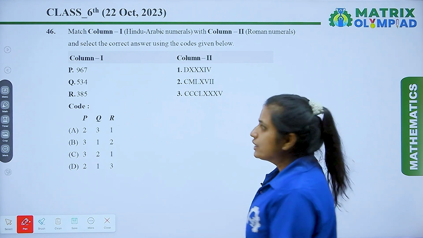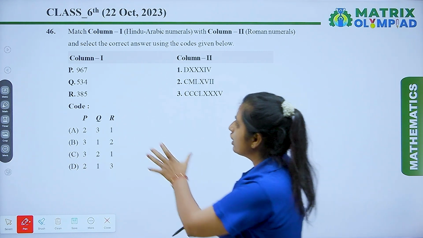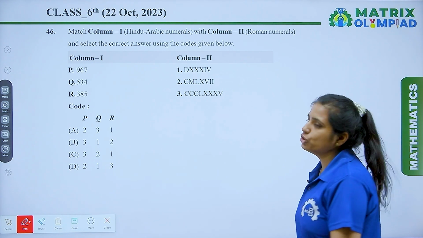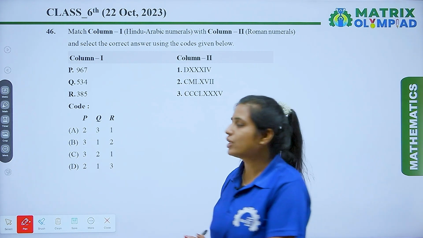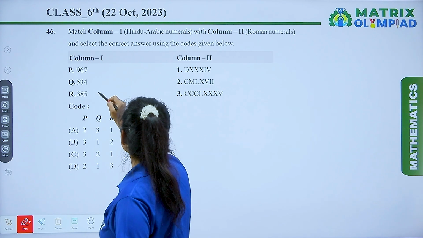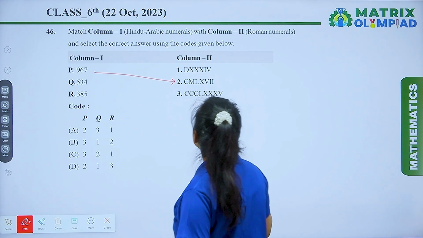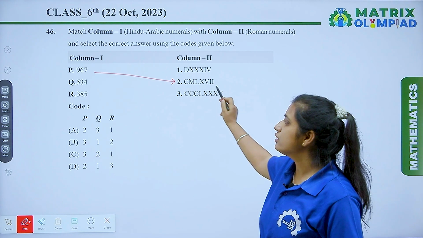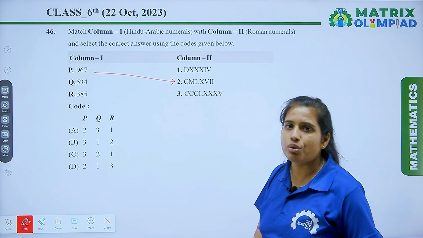Now the next question is question number 46. We have to again do the match the column. Now here we are having Hindu Arabic number in the column 1 and a Roman number in the column 2. So we have to match Hindu Arabic number to its Roman number. So let's find out the answer. 967. So it is here CMLXVII. So this is the correct representation of 967 in a Roman number.